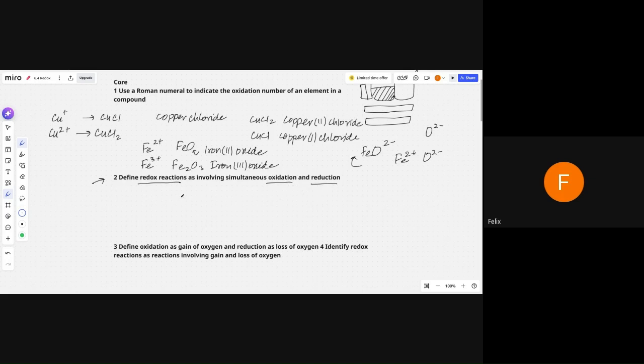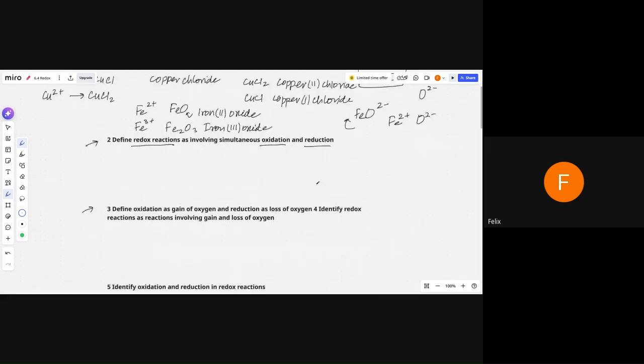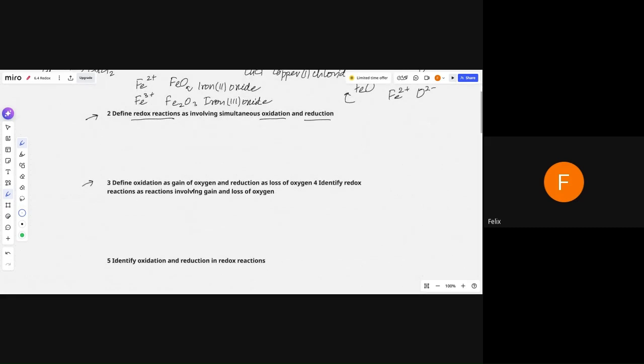Any reaction in which oxidation occurs, reduction will occur simultaneously, and such reactions are called redox reactions, right? So I hope this is clear. Now, in the third topic, we try to understand what oxidation and reduction are: define oxidation as gain of oxygen and reduction as loss of oxygen, right?